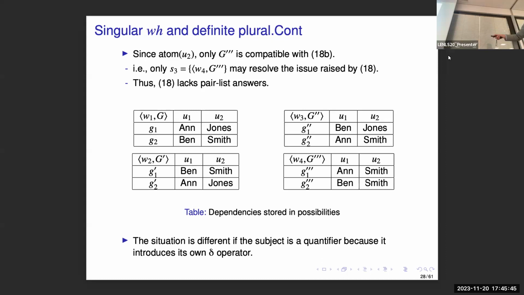Everything satisfies this, including this. So the result is this is one state, and this is one state, and this is one state. So you have 3 possible answers for this question. So now, even though the rate itself is singular, as they are under the scope of the delta operator, which distributively updates the context, you can get a pairless answer. And I think that is, in spirit, the same as classical ways to analyze pairless answers.